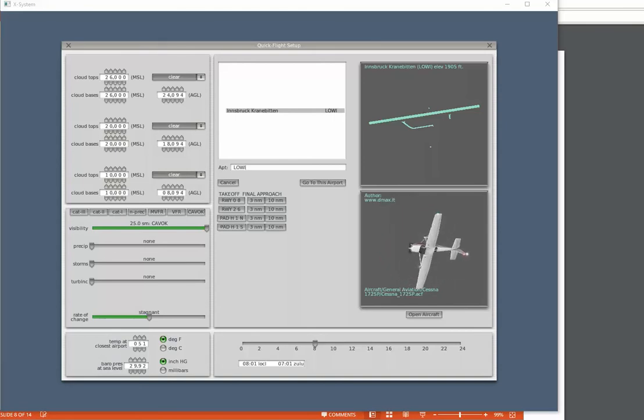And if you do exit the quick flight setup, I do want you to pause. You don't have to exit it quite yet.